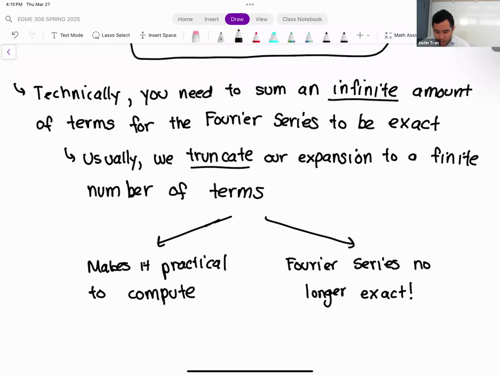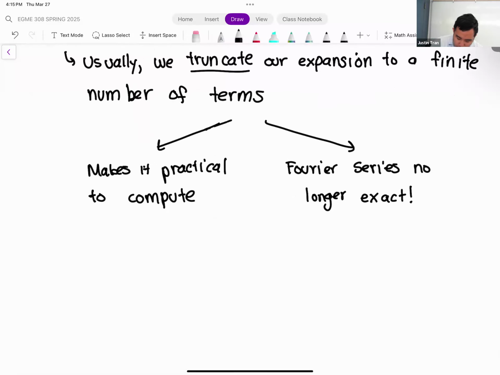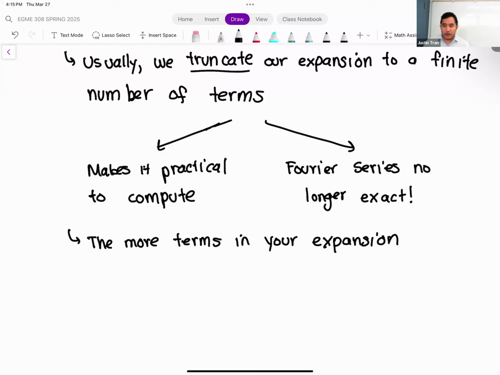So generally the relationship is that the more terms you retain, the more terms you have in your expansion, the more accurate your expansion is going to be.